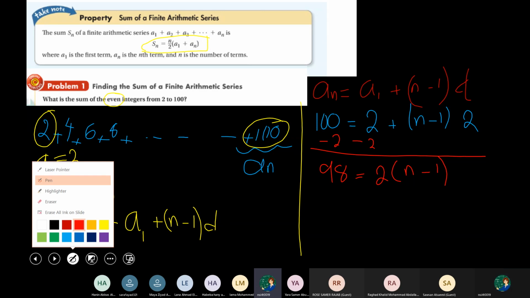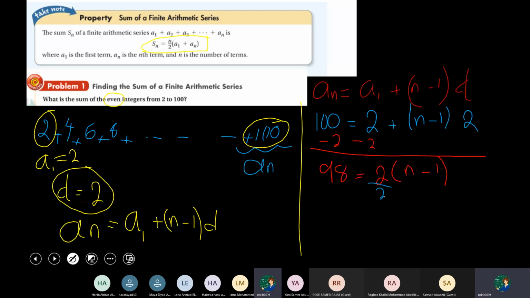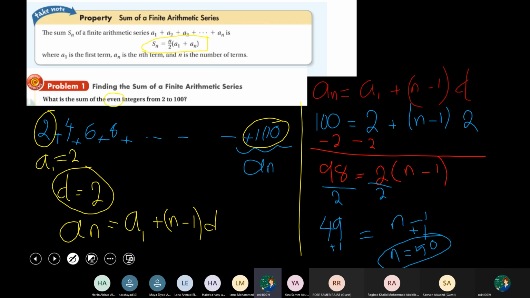Then I will divide by 2. 98 over 2 is 49. 49 is n minus 1, plus 1. So the number is 50. So the number of the even integers between 2 and 100 is 50.